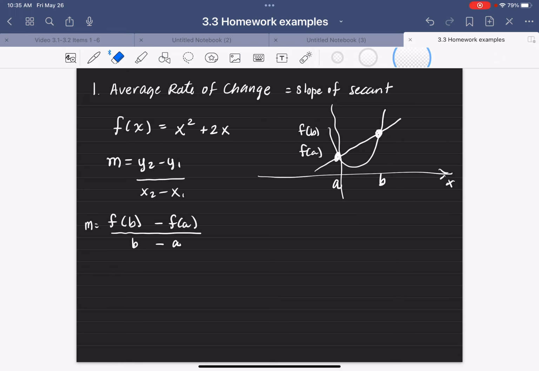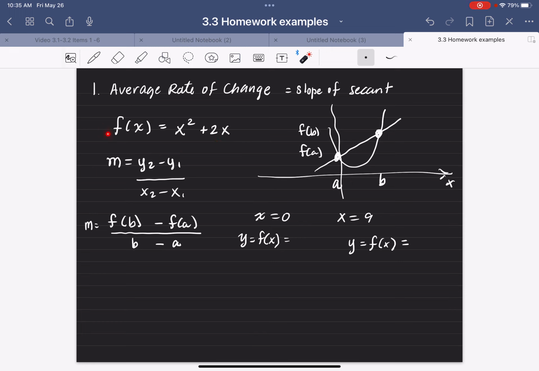Now, one thing to remember is that they gave us x is 0 and x is 9. What they failed to give us is the y, or the f of x, coordinate of the point. So in both of these cases, we're missing our y value, and we have to use this function that they gave us to calculate what the y value is.